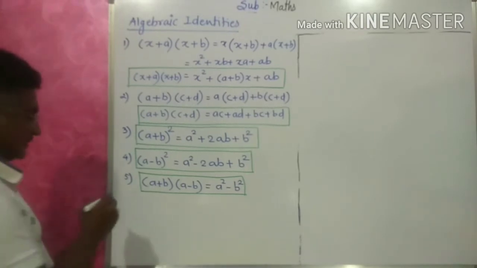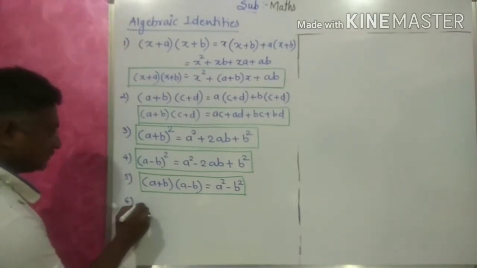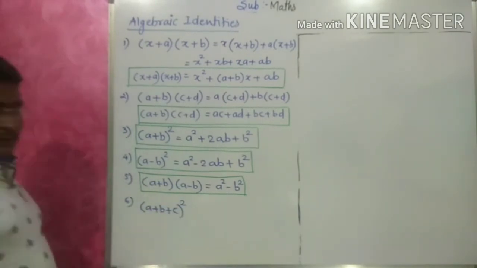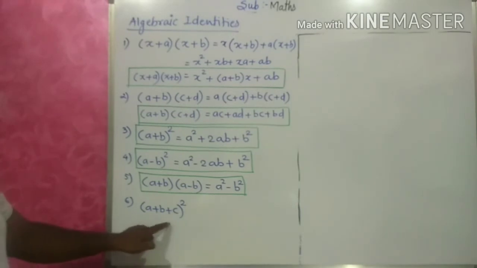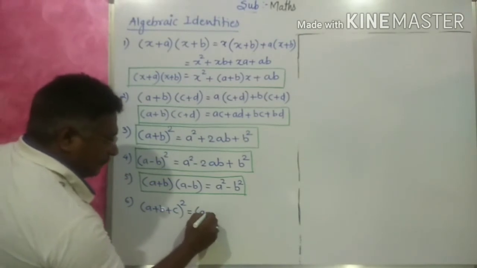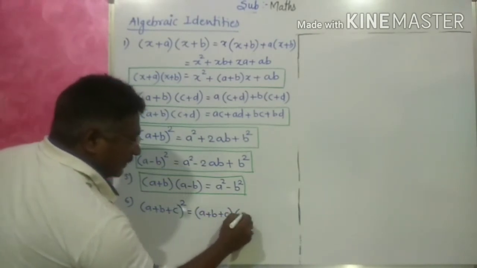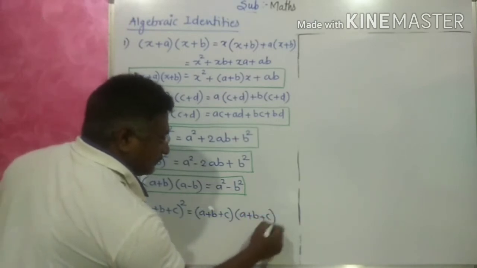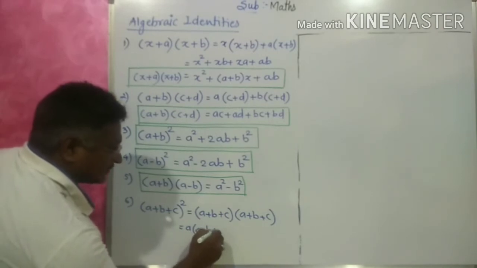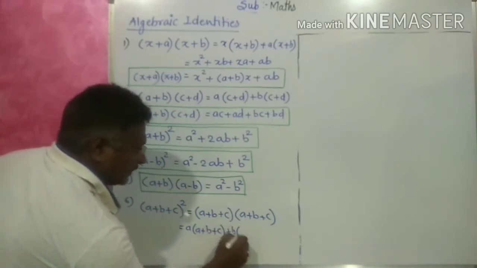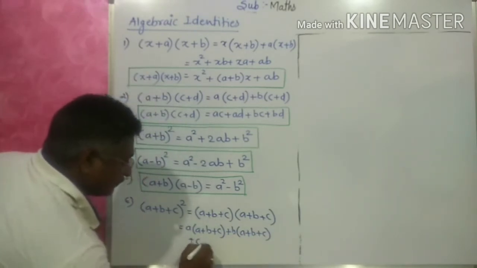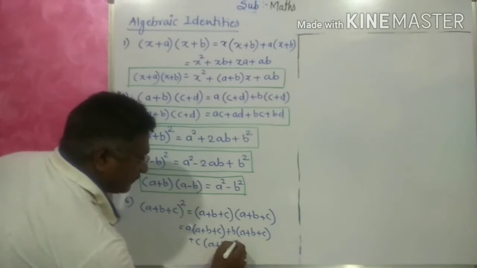The new identity is (a plus b plus c) whole square. (a plus b plus c) whole square means (a plus b plus c) into (a plus b plus c). So we get a into (a plus b plus c), plus b into (a plus b plus c), plus c into (a plus b plus c).